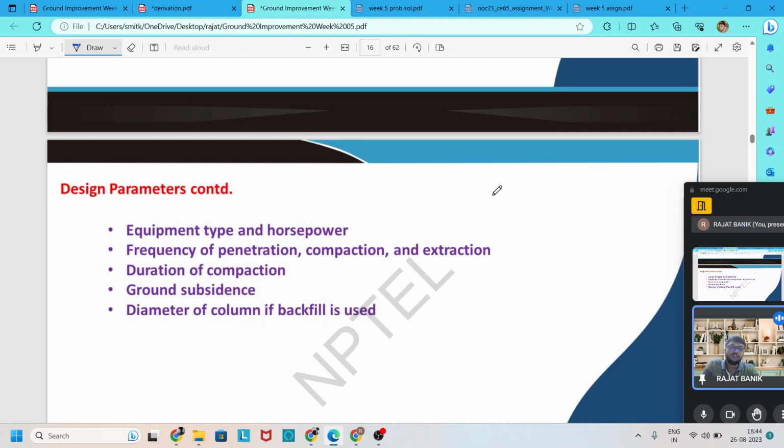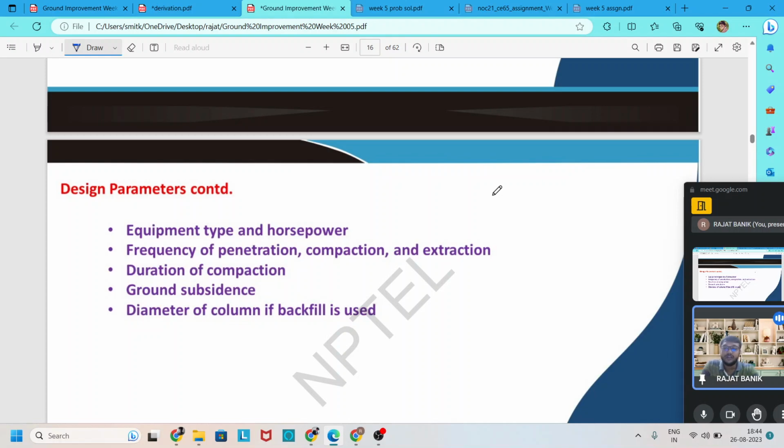Due to the resonance, more compaction happens, and after that, during extraction also, the frequency is more than the surrounding soil. Like that, extraction, penetration, and compression are happening.